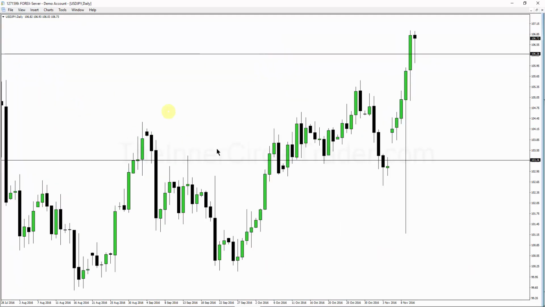You can see the body of this down candle. It's larger than this one here. So this is the beginning of the bullish order block. It's here. And mean threshold of this down candle would be about right here. And it's not even challenged at all here, even on the election knee-jerk reaction.